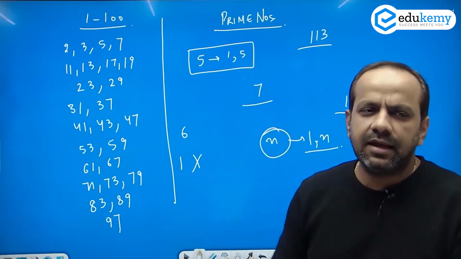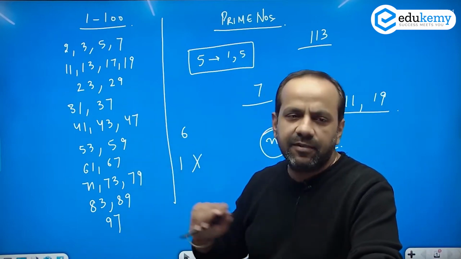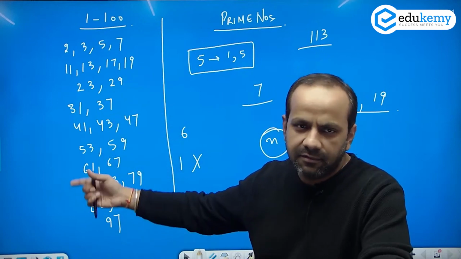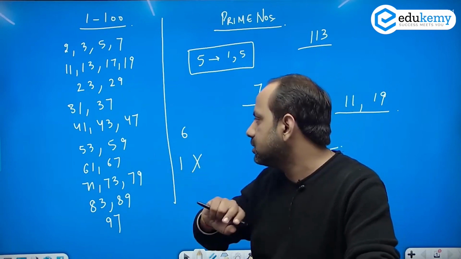So we can say that in total we have 25 prime numbers from 1 to 100. If I write down all the prime numbers from 1 to 100, we will get 25 prime numbers.